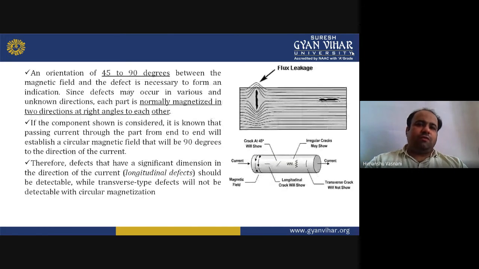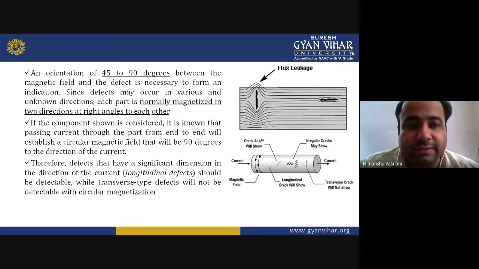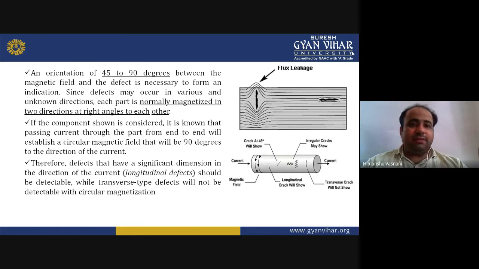Now an orientation of 45 to 90 degrees between the magnetic field and the defect is necessary to form an indication. Now they are talking technically that if you give an angle of around 45 to 90 degrees between the magnetic field and the defect, you can have a clear indication about the defect.